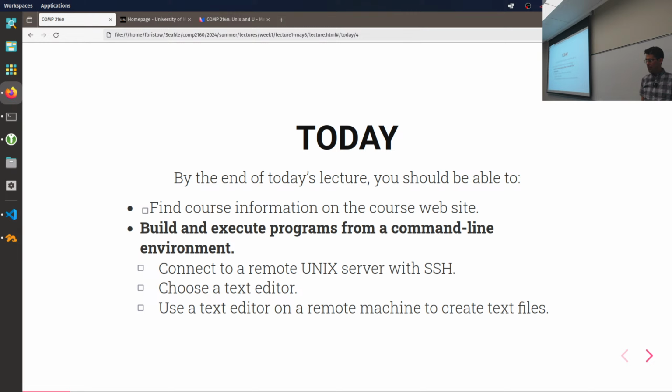You've all taken 1020. You've been using VS Code to write Java programs. VS Code is a text editor. When you are writing Java code, it is plain text. We are going to use a different text editor to create text files on another computer today. That's the goal for us to be able to do by the end of today.